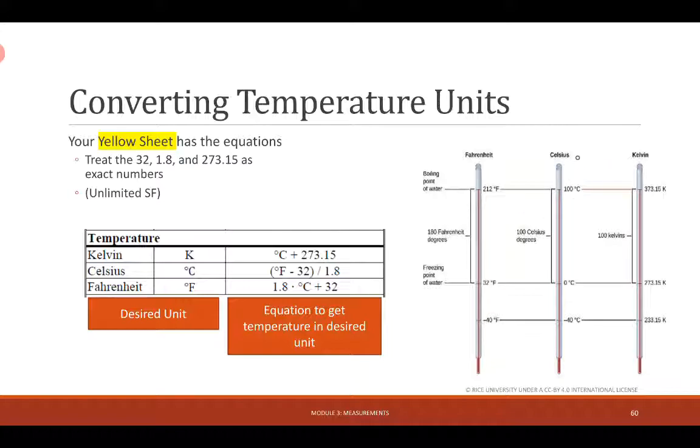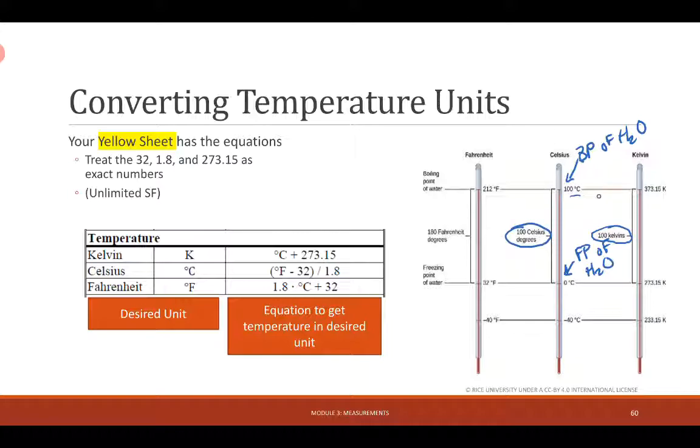Celsius defines the boiling point of water to be 100, and the freezing point of water is 0. The same spacing is used for Kelvin, only there's a different 0 point here. So for the freezing point of water and the boiling point of water, the difference between these two data points is 100 degrees.